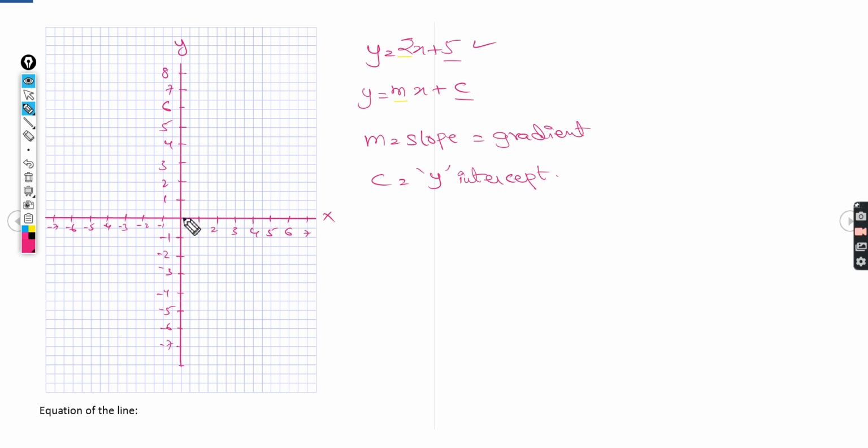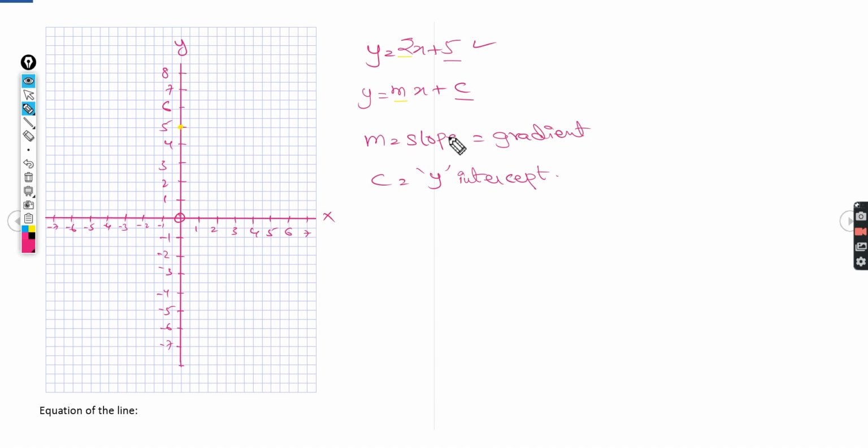So now this is 0. I know that c is 5 according to the equation that is given to us, right? So c is 5, because of which I know that the line will be cutting the y-axis over here on this point, and gradient is 2.